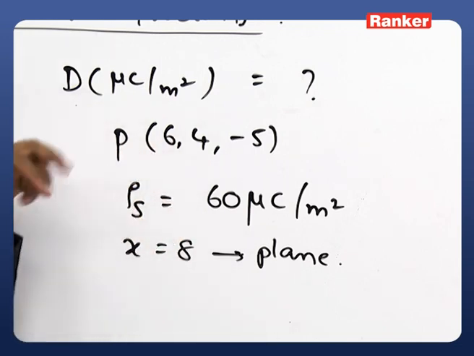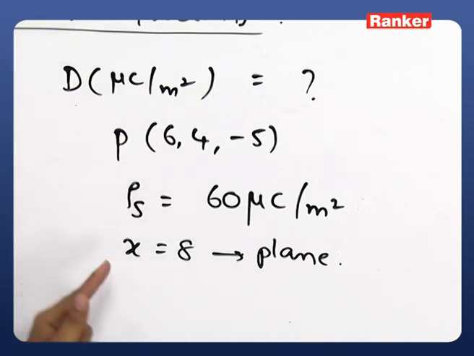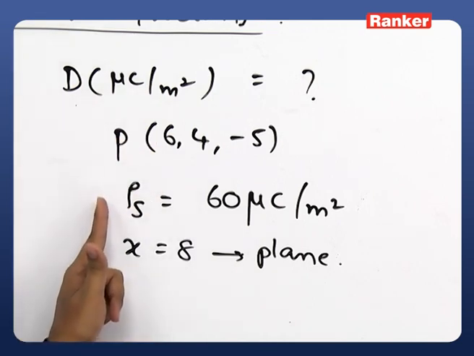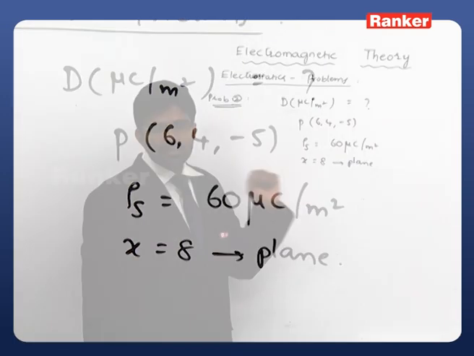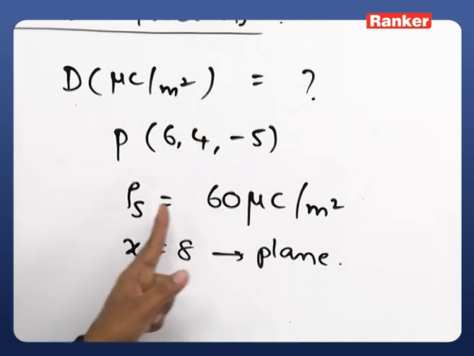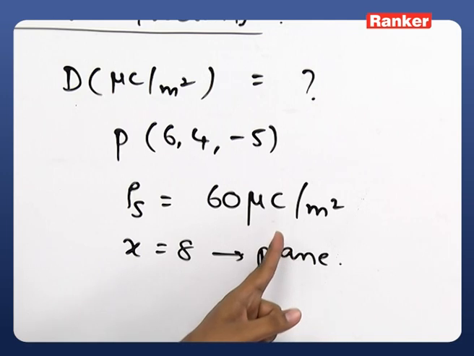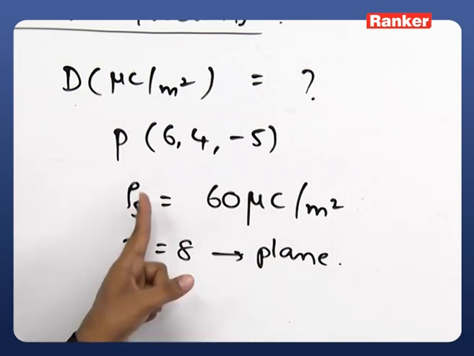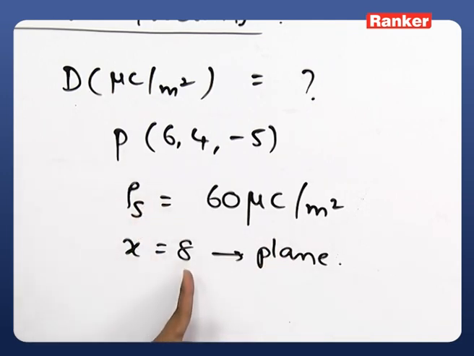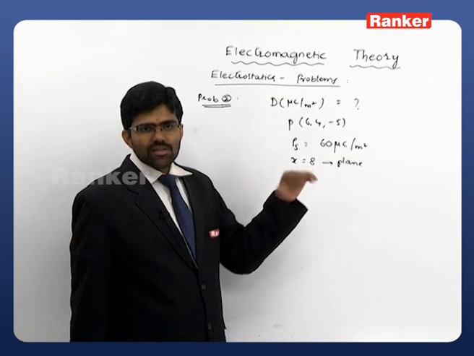This is the point where we observe our electric flux density, and that is because of a surface charge. A uniform surface charge is given to us with surface charge density rho s 60 microcoulomb per meter square, and that particular surface charge is located at x equals 8. So this is the given data.